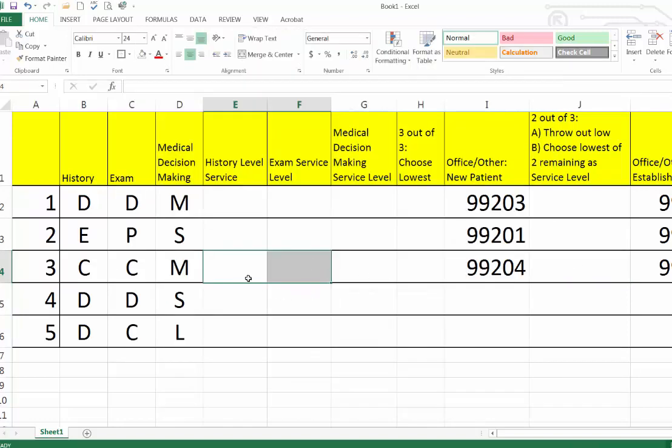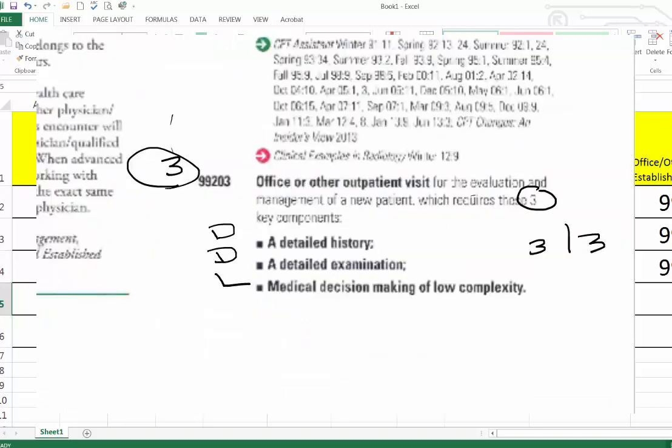Let's do another. New patient. Let's say that we have a detailed history, a detailed exam, straightforward decision making. So new patient in the office, detailed history, detailed exam, straightforward medical decision making. So detailed history, detailed exam, there's no duplication.